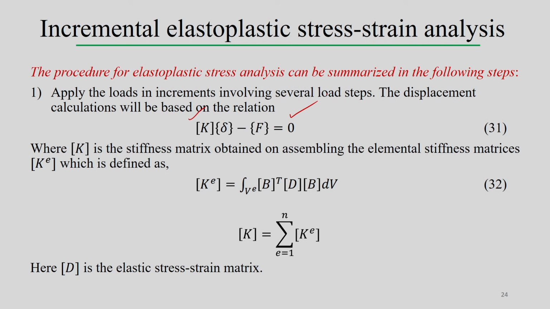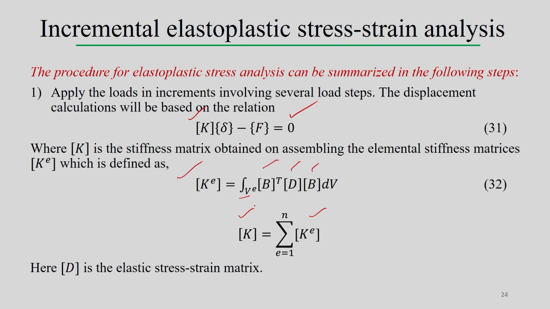K is the stiffness matrix obtained by assembling the elemental stiffness matrices, and we have seen the expression of K for a particular element, the volume integral of B transpose D B dV. Once we form the elemental matrix for one particular element, we make the assembly for all the elements, and then we can find the K matrix.